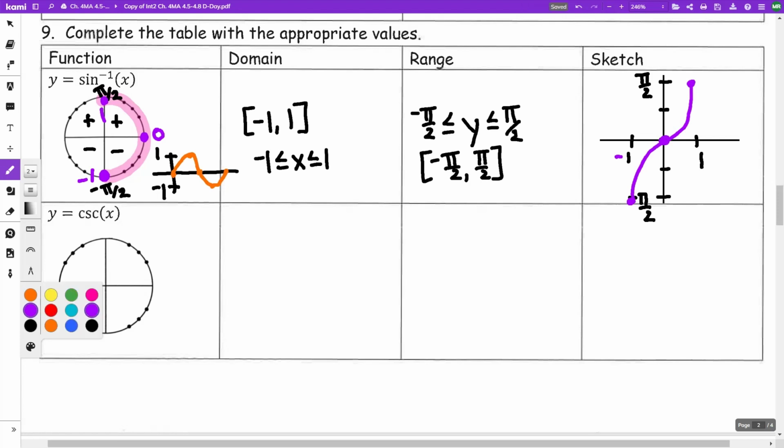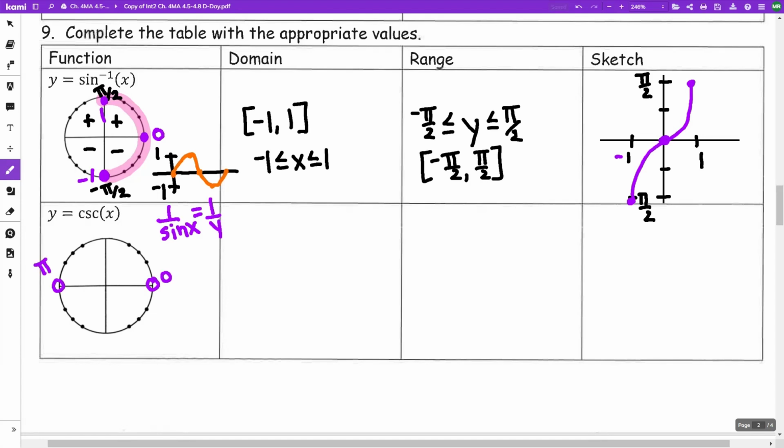Now, cosecant. C doesn't go with C, so this is really my sine. Okay, so this is 1 over sine x, which is really 1 over y. So I'm thinking about where my y's are zeros. My y's are zeros here, here, and back. So 0, pi, 2 pi is where I'm going to have asymptotes.